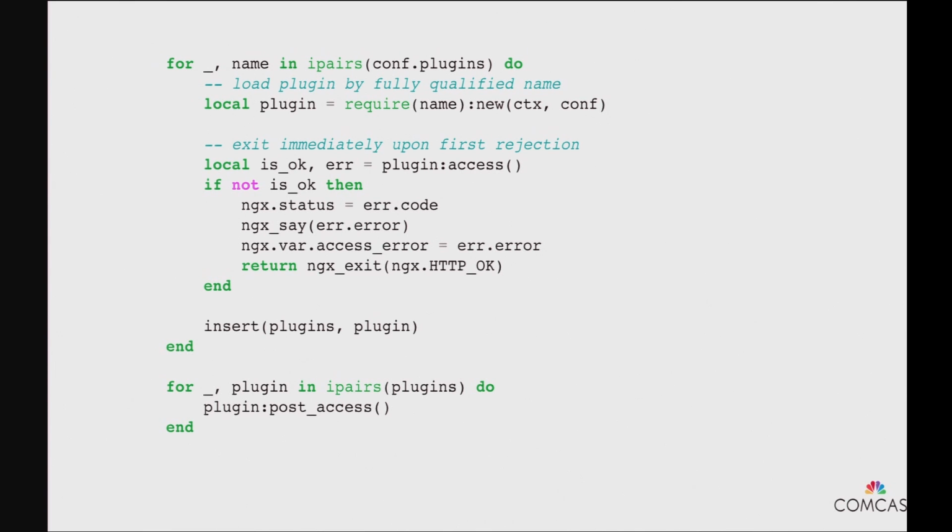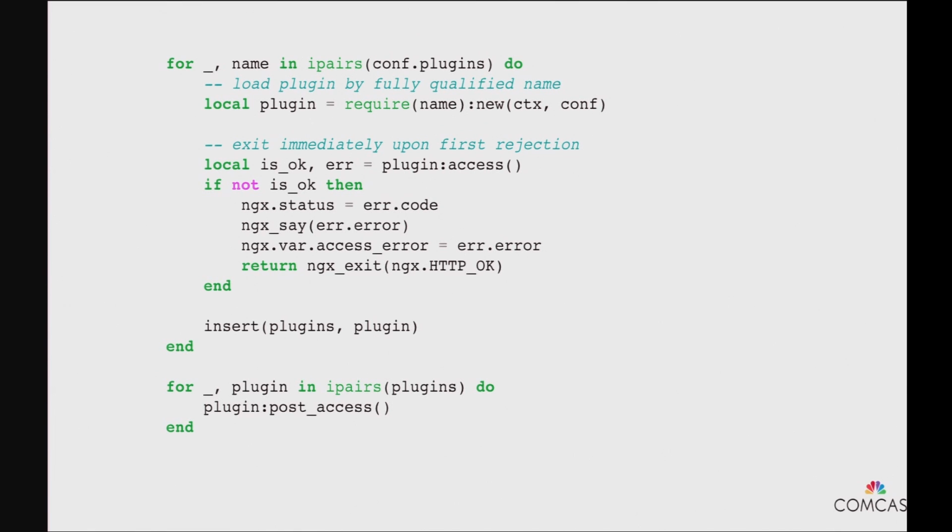So this is where it calls and does authentication. If it's the OAuth 1 plugin being called, we call the access phase on it. It says, is this request valid? Does it use a valid key, and was it signed properly? If it's not okay, we just bail. So if any of these components wants to deny the request, we say exit.